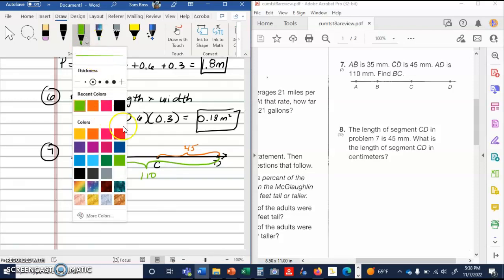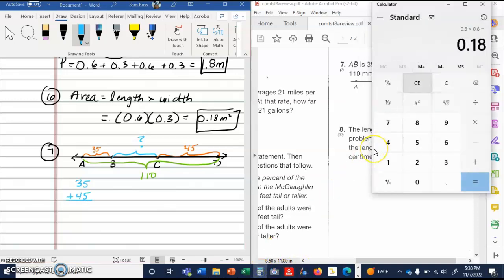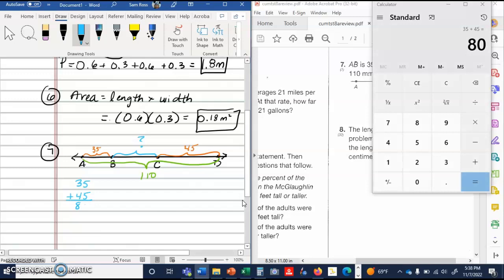So they want to know how much is BC. So what I'm going to do is I'm going to add 35 plus 45, and I get 80.